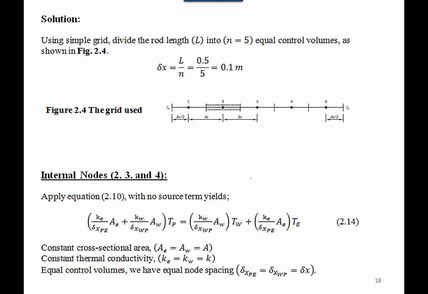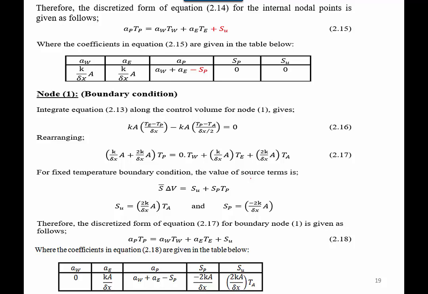A east and A west are equal in this question, and it will be equal to big A, and the thermal conductivity is constant, K, which is equal to K east or K west, and delta x at the east point equals delta x at the west point, and equals delta x. Therefore, the general discretization form of equation 2.14 for all the internal nodes is given as shown in equation 2.15.